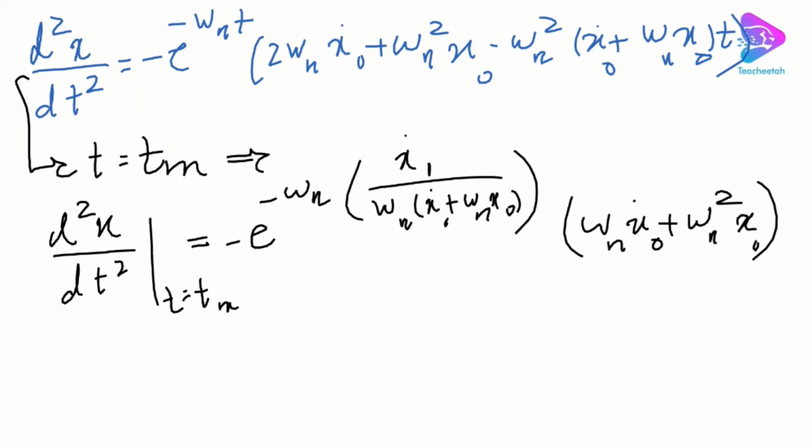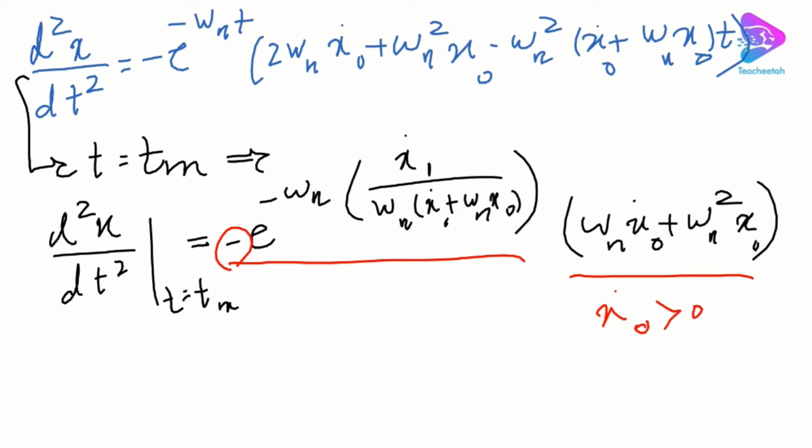So again, let's look at this expression and see what its sign is, to find the concavity direction. Look at this part. This part is always negative because we have an exponential term and there is a negative sign here. Now looking at this part, we know that the condition we initially defined is that x dot naught and x naught are both positive. You remember my drawing, right? We have the initial point and initial slope positive.